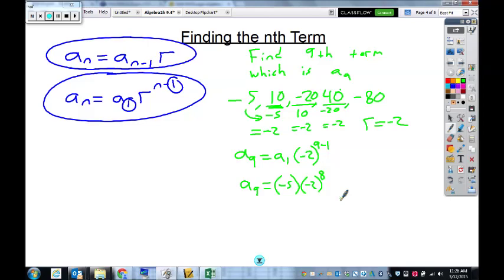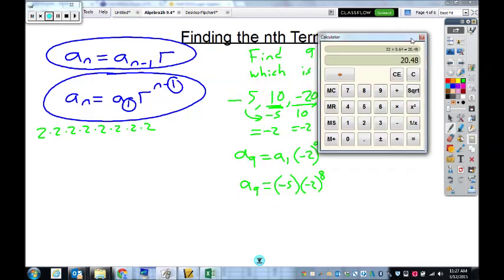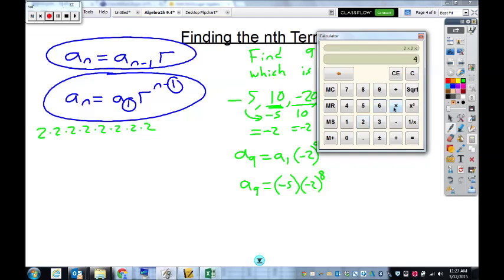So let's think about this. I can multiply 2 times itself 8 times, or use my calculator, see if I have one here. All right. So 2 times, and I get 256.